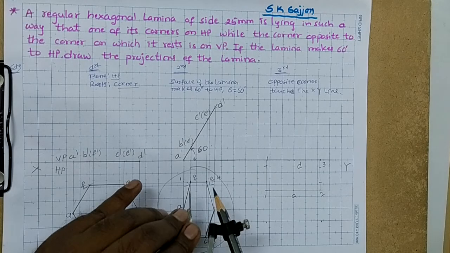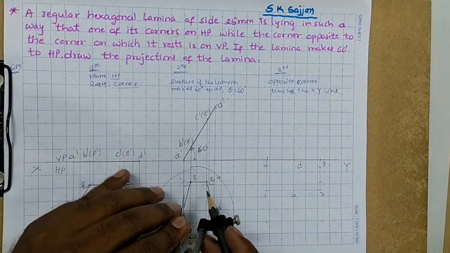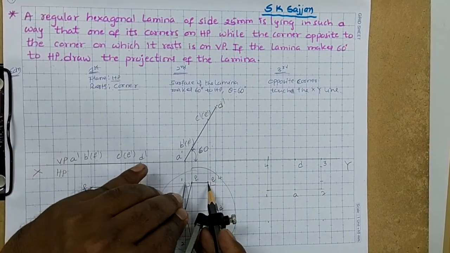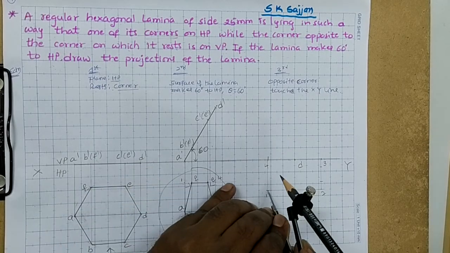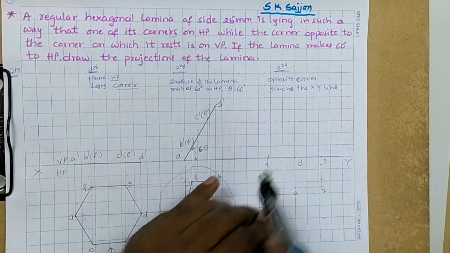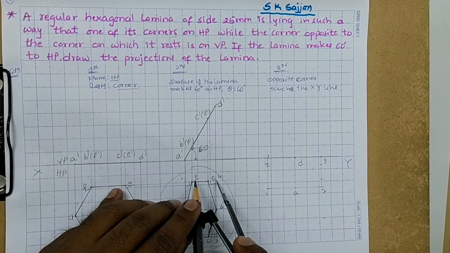Okay, then B also on the same 2 3 line, measure how much distance is there, B. Okay, similarly E on the 1 4 line, measure 1 to E, how much is 1 to E, then F also on the same.